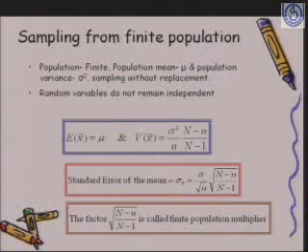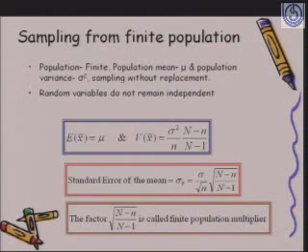Now if you make your population very, very large, that means if capital N tends to infinity, what will happen to the finite population multiplier? You just try to put infinity in place of capital N. So this expression would become infinity divided by infinity, which will be unity, which is 1.